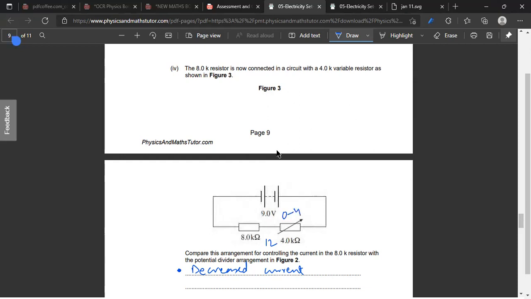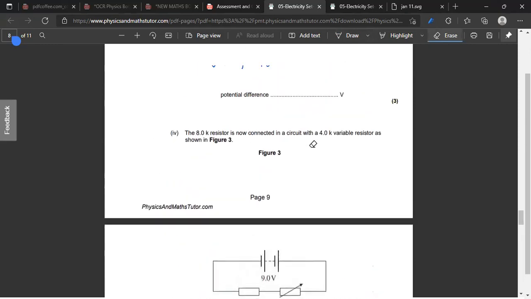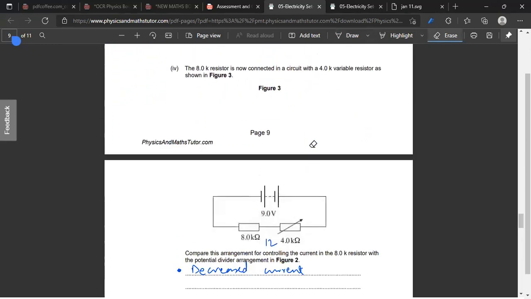The total resistance of this will always be 4. The potential difference will then get divided in a 2 to 1 ratio, so this will get 6 volts and this will get 3 volts.